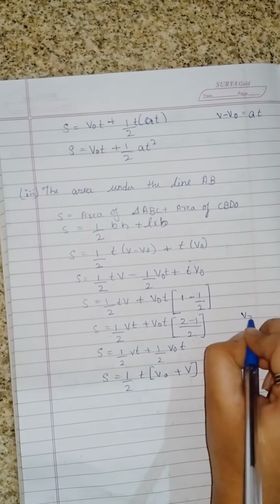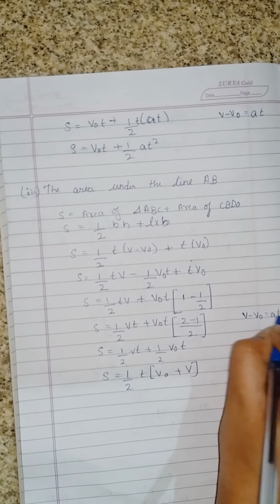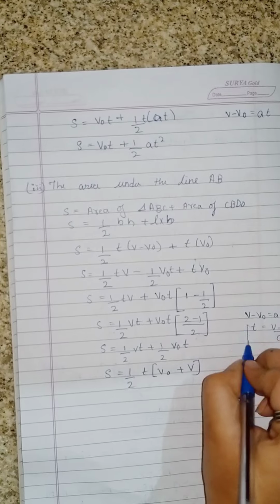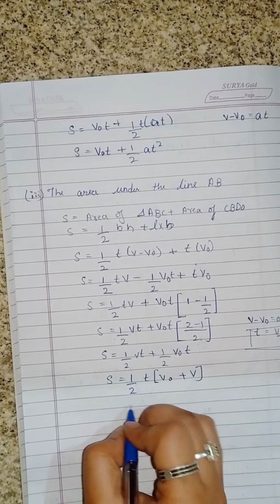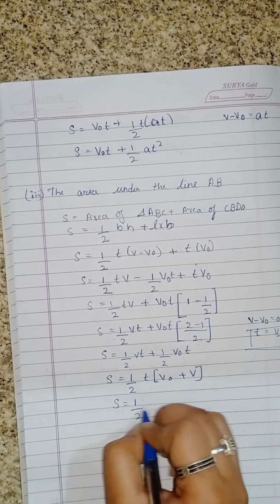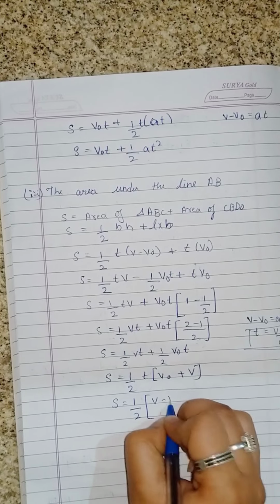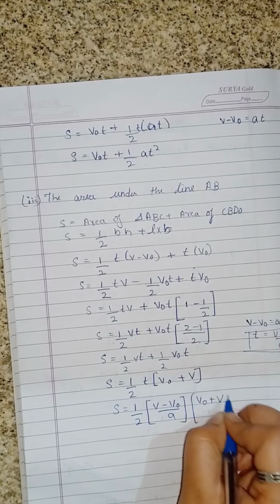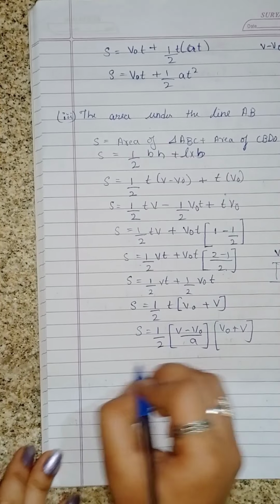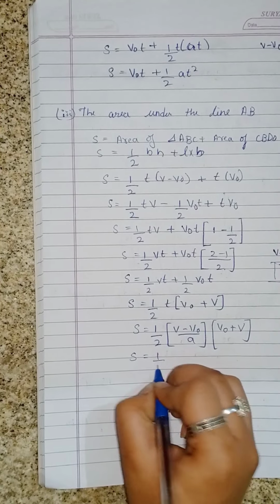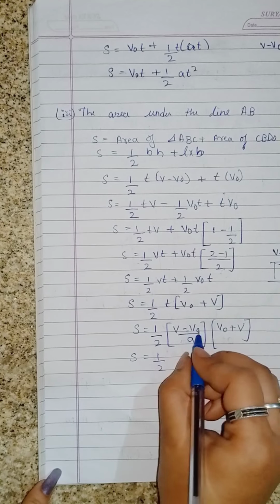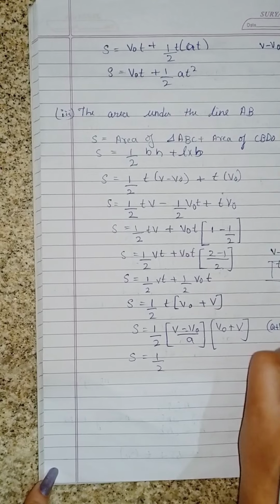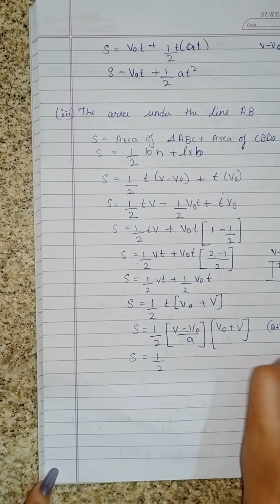And from the first equation, V minus V naught is equal to AT. Therefore T is equal to V minus V naught by A. Substitute this in this one. So S is equal to half, V minus V naught by A, into V naught plus V. We use the formula A minus B into A plus B is A square minus B square.